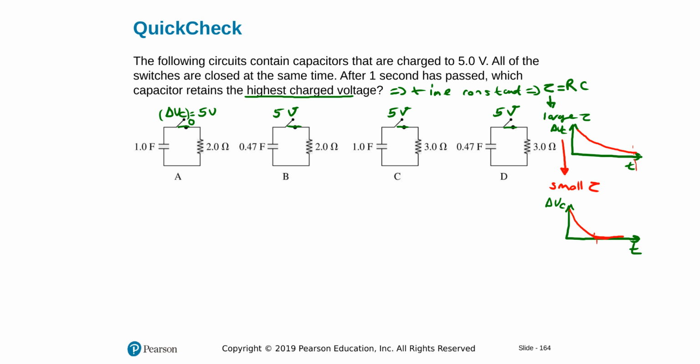So thinking of which capacitor retains the highest charged voltage, I'm looking into which one, after some time, has a longer decay time or larger tau. So I'm going to look at their tau values. I'm going to call them tau A, tau B, tau C, and calculate them, simply R times C. They each start with the same delta VC0.